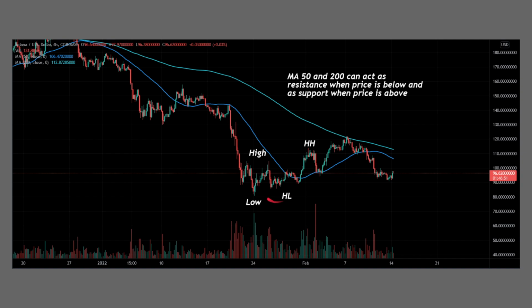Overall, we do see the beginnings of what could be a market structure break, a bullish market structure break, where we see our high, we see our low, we see arguably a higher high, and then a higher low, depending on what you're looking at. This could be our swing low. This could be it as well.